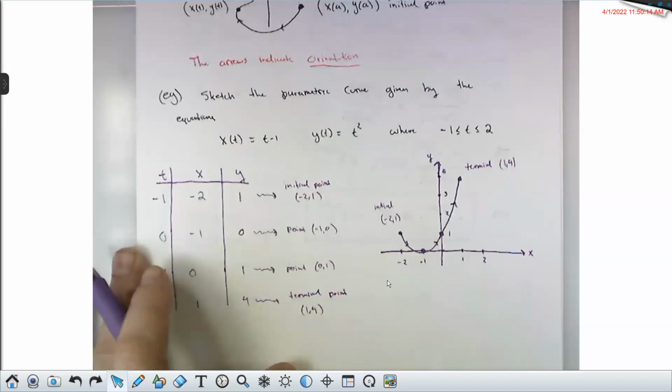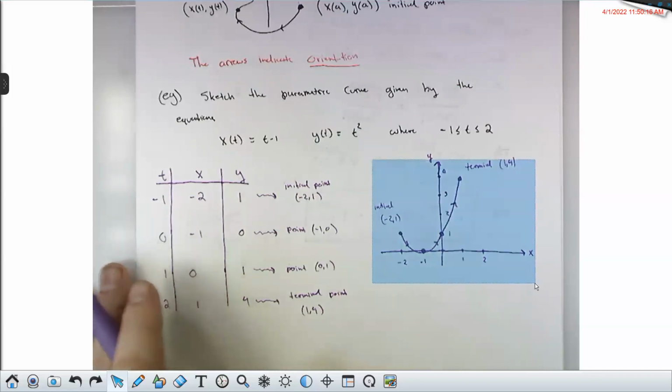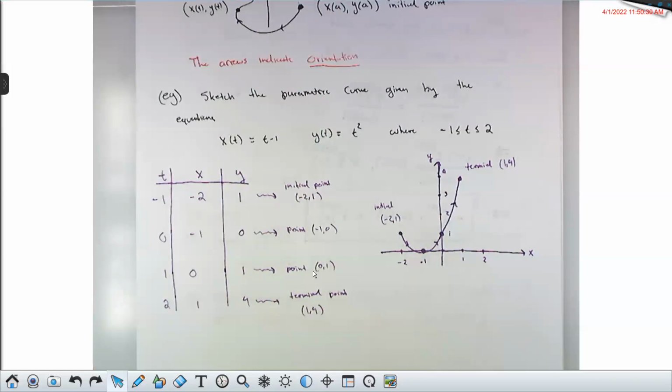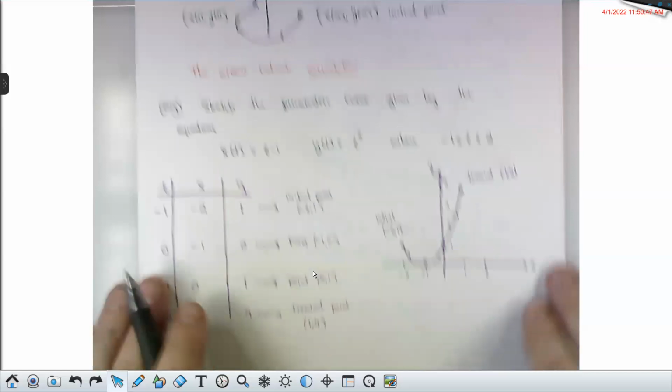Okay. Questions about how we're getting this graph by making a table? Let's try another.